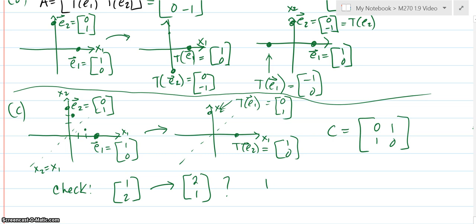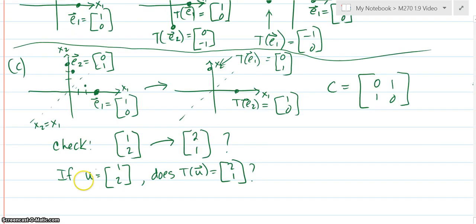Okay, so if I take T of X equaling CX for this one, call this U. So another way of saying this is if U equals 1, 2, does T of U equal 2, 1? So T of U we know is CU instead of with X's.